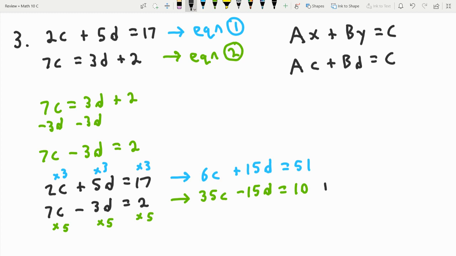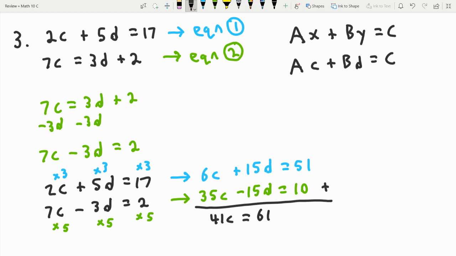Now notice in this format, if I add these two equations together, because I have positive 15D and negative 15D, I would be able to cancel out my terms for D. So what I would be left with is 6C plus 35C, which gives me 41C, and that equals 51 plus 10, which gives me 61.